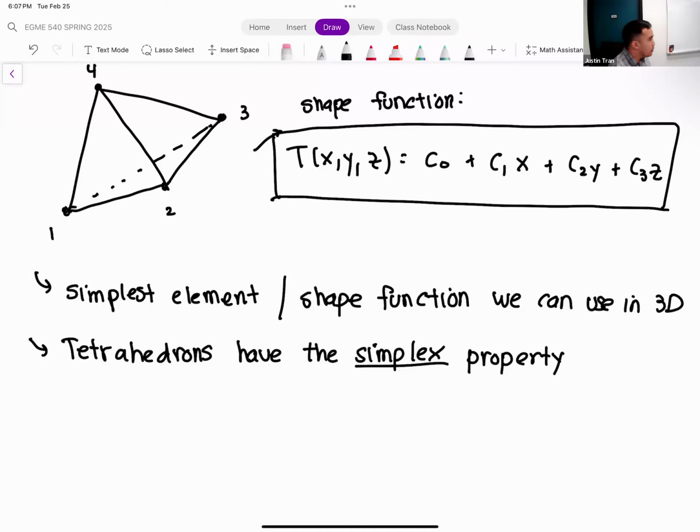What that basically means is that you can fill almost any volume with tetrahedrons and it should fill well, without fail.